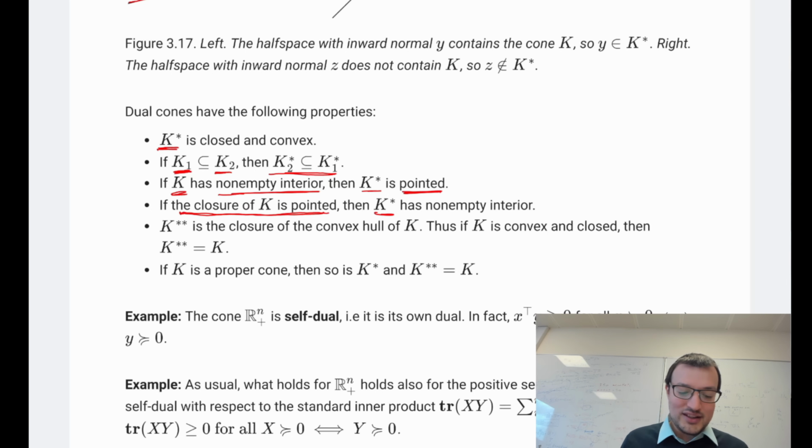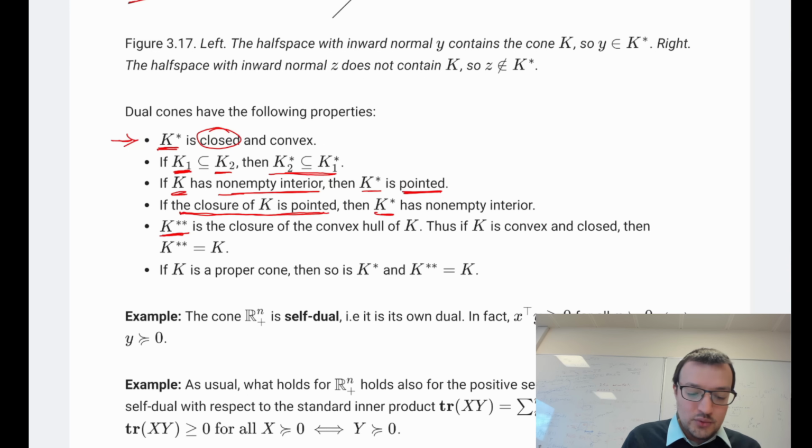So we already saw this here, the fact that K star is always closed and is always convex, okay, even though the original K is not. And the main point here, the reason why there is no symmetry between these properties, is exactly because K star is always closed and always convex. And the reason why this is the case is the following, and we can see it here.